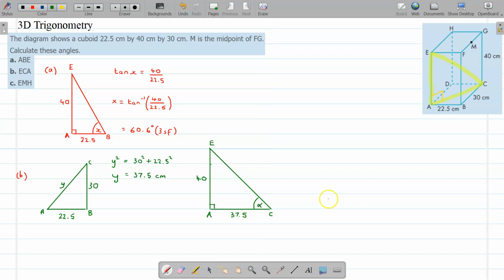So I can now use trigonometry for this one, and I can say that it's the opposite over the adjacent again, so it's tangent. So the tangent of alpha is equal to 40 over 37.5.